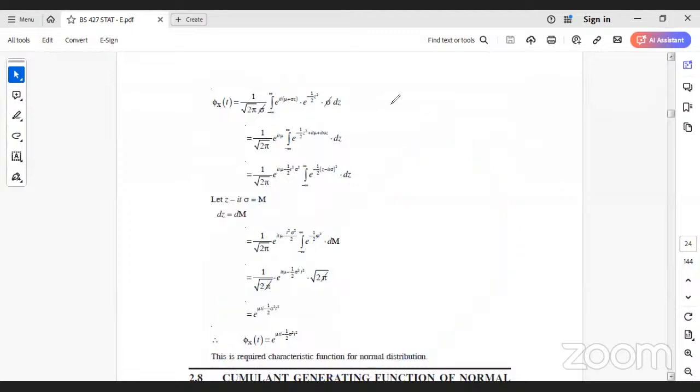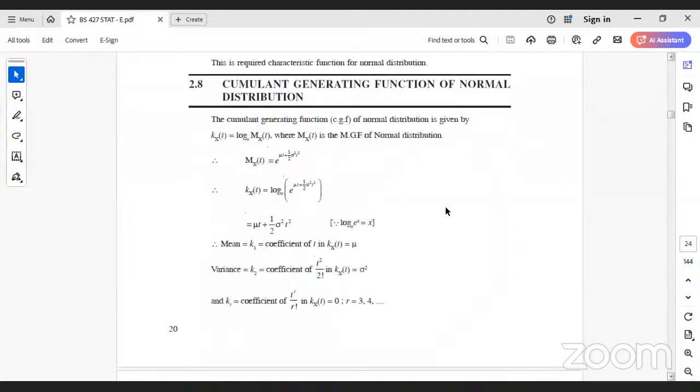Clear? Cumulative generating function of normal distribution. The cumulative generating function CGF of the normal distribution is given by k of x of t equal to log e of m of x of t, where m of x of t is the MGF, moment generating function.